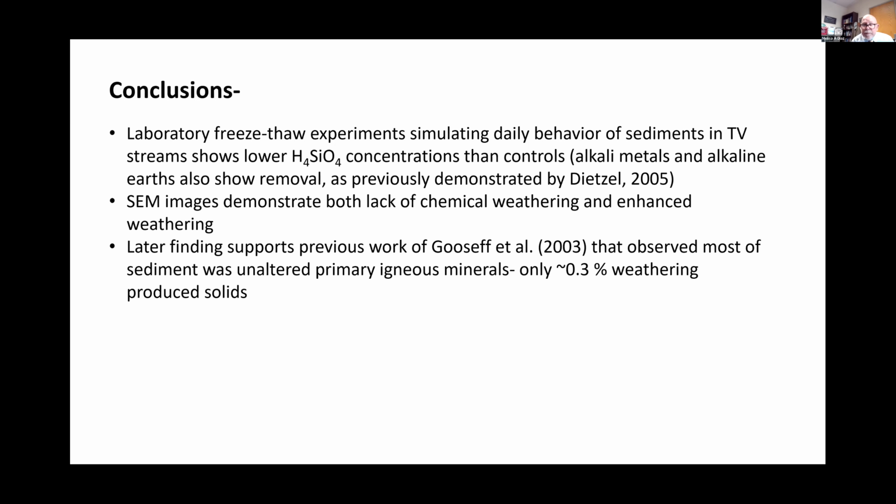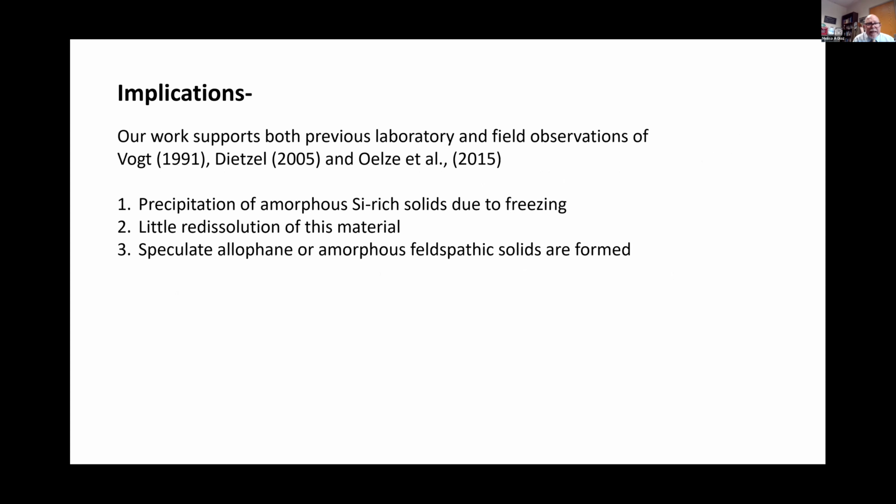But they did observe weathering products in the finest grained part of the sediment, though it's only about 0.3% of the total sediment present. So we're getting these amorphous silica-aluminum constructs, but they're not found in high concentrations. So the implication is that the precipitation of amorphous silica-rich solids does occur, and it's probably due to this freeze-thaw.